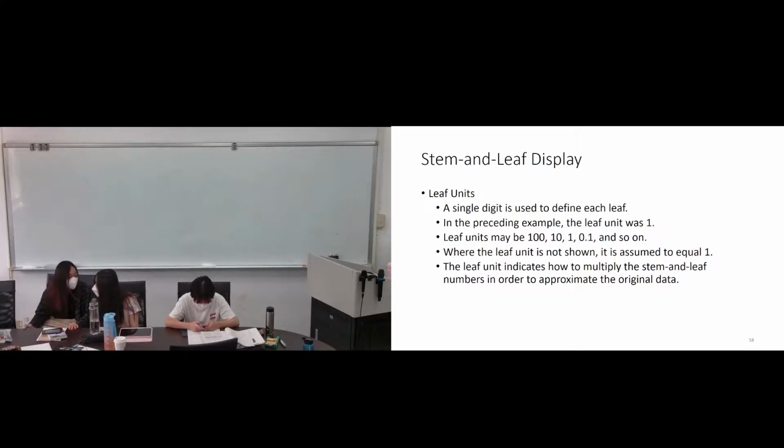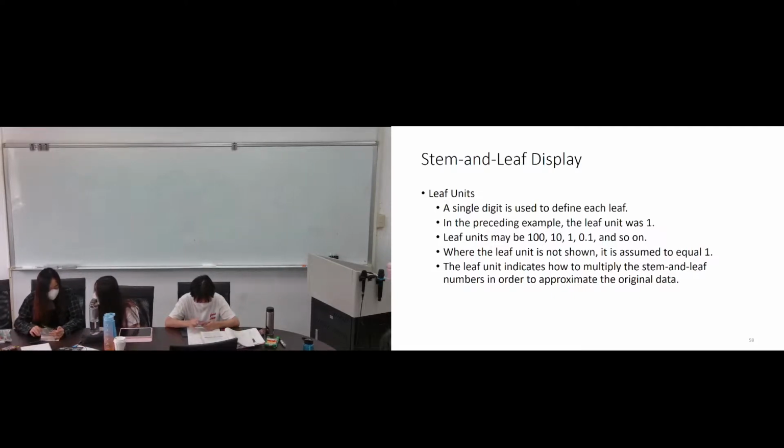Okay. Now let's see. So we have learned the stem and leaf display. In the leaf unit, a single digit is used to define each leaf. In the preceding example, the leaf unit was 1.